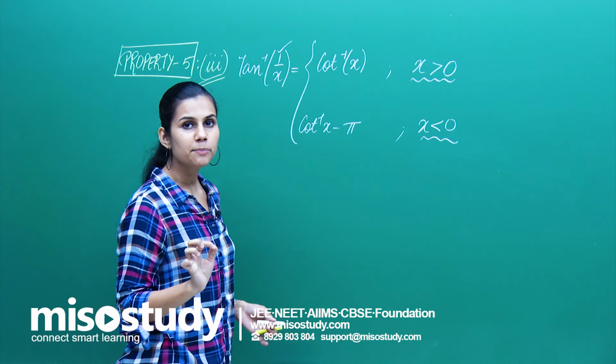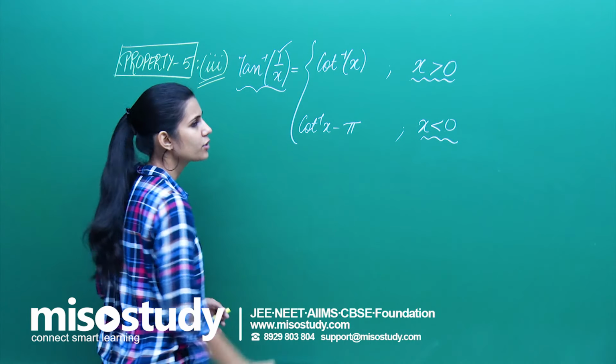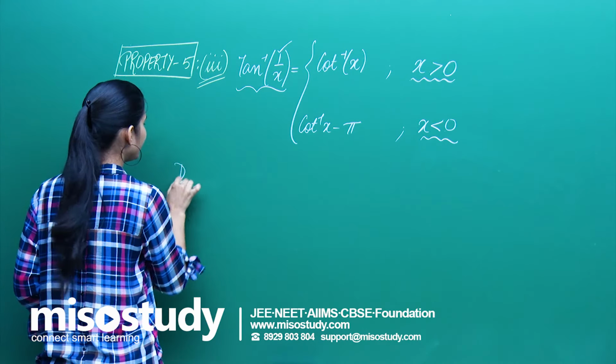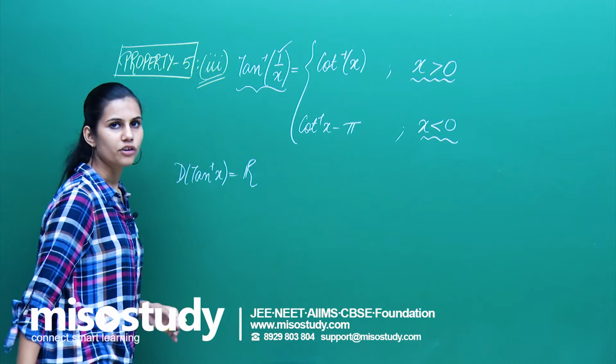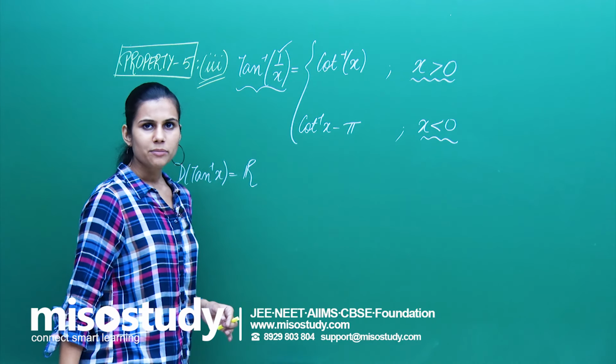Until and unless the input of tan inverse is a real number, tan inverse of that particular input cannot be defined, because the domain of tan inverse x is the collection of all reals, right? But what is the domain of tan inverse 1 by x?